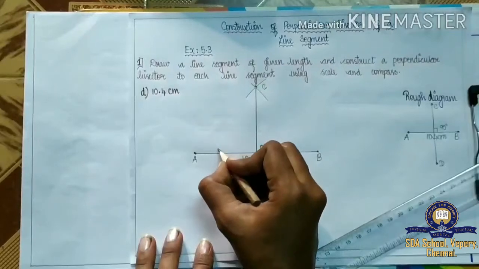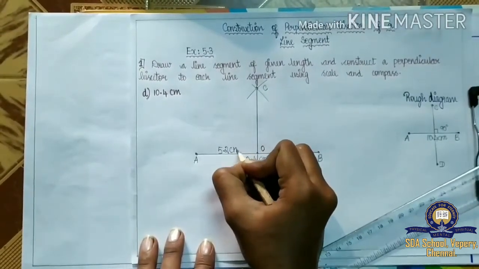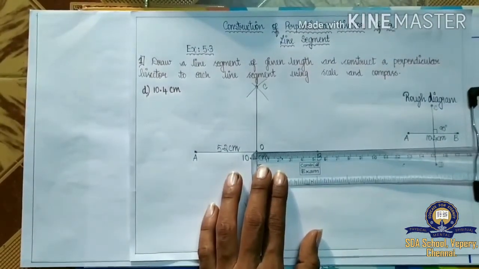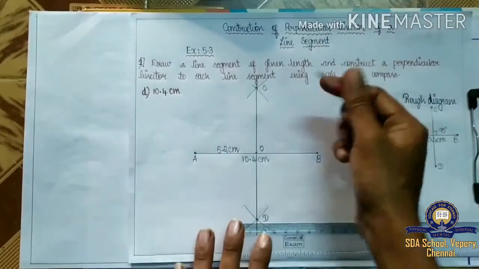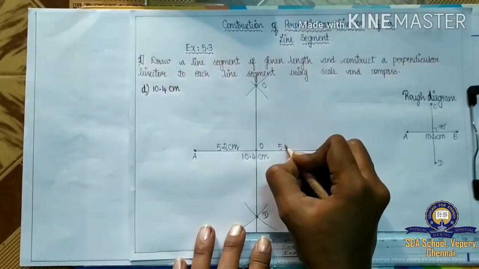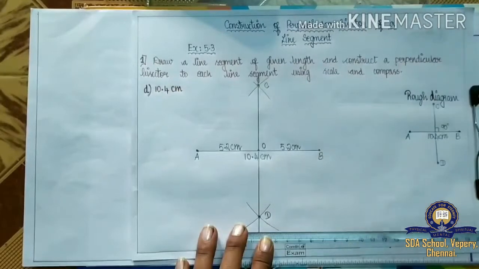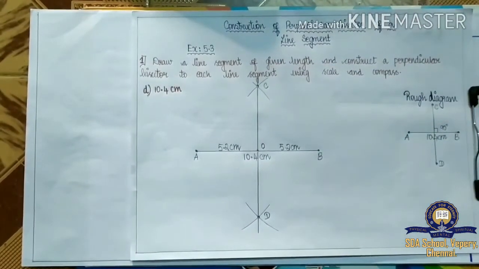So AO is 5.2 centimeter, and we will check BO also. See here, this is also 5.2. Now our construction is done. I think you are clear, students.